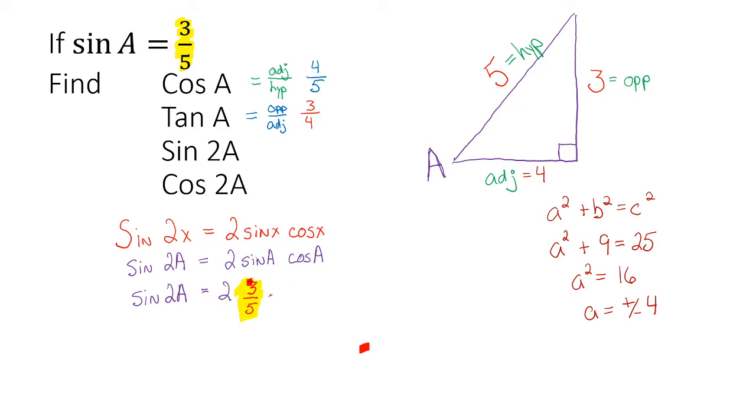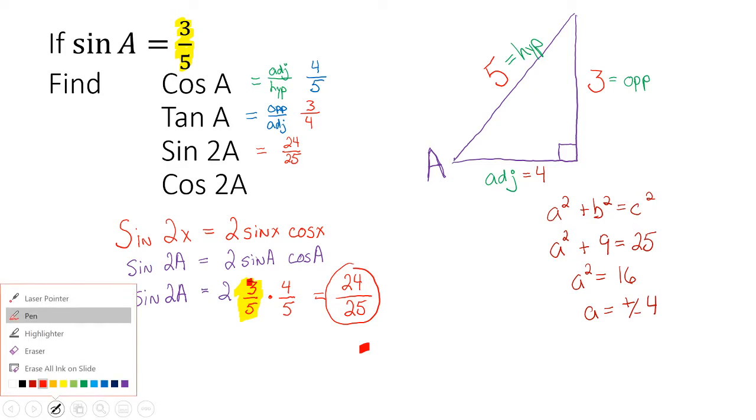And the cosine of A, says right there, is 4 over 5. Now if I multiply the numerators, I'm going to get 24. 2 times 3 is 6, 6 times 4 is 24. And the denominator is 25. So my solution would be 24 over 25. Does that make sense?